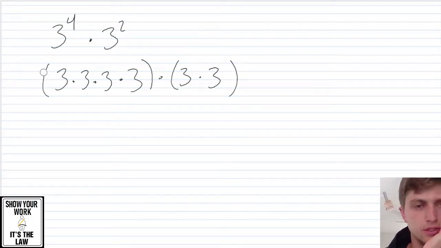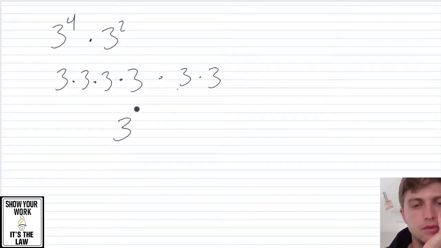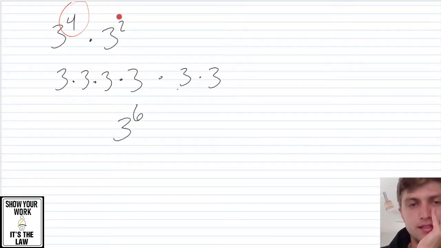Since they're all being multiplied, we really don't care about the parentheses here. So how many times is 3 being multiplied by itself? 1, 2, 3, 4, 5, 6. So we can simplify this to 3 to the power of 6, because 3 is being multiplied by itself 6 times. So what happened to the exponents here?